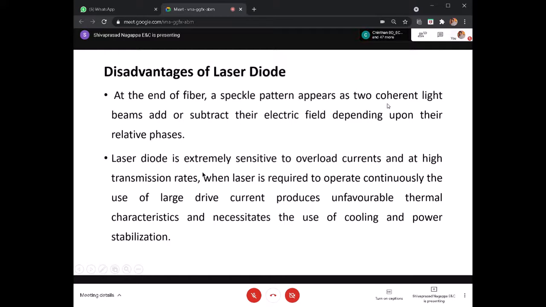Since it is a laser, it has got higher transmission. Laser is required to operate continuously, due to which there will be use of large drive current. Due to this large drive current, some thermal effects take place, which might be unfavorable, and it requires cooling and power stabilization.